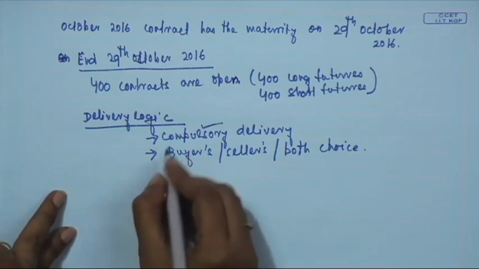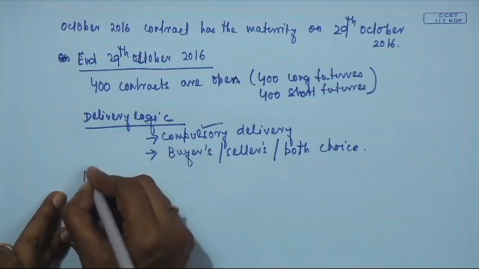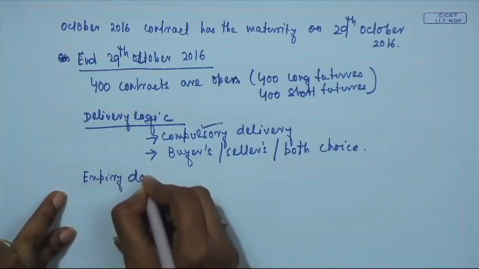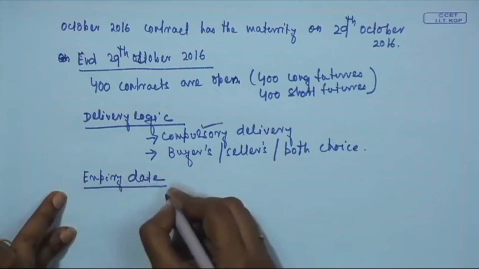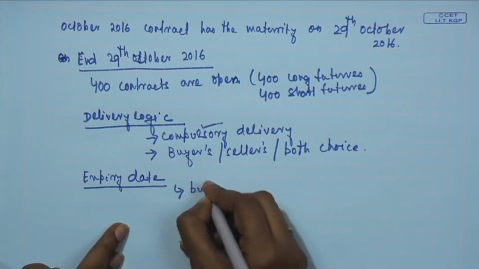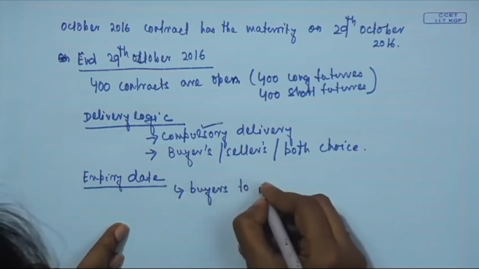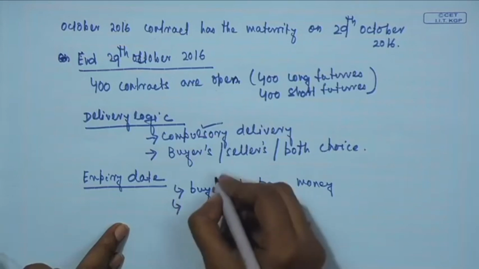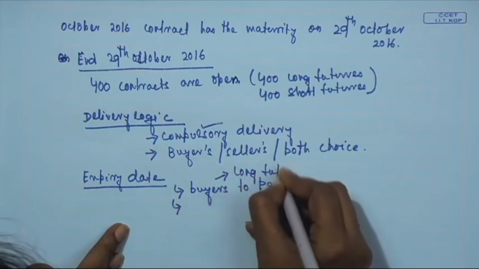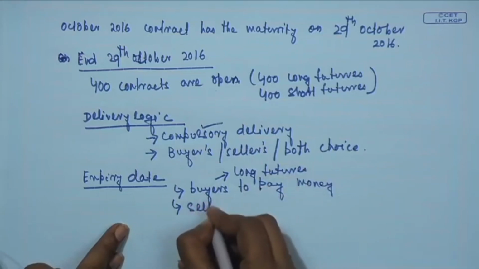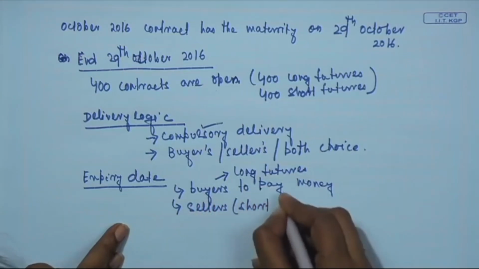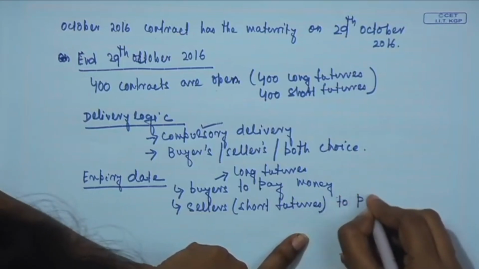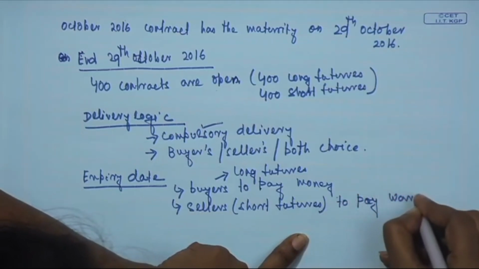So on the expiry date, the buyers, that is the long futures position holders, have to pay money, and the sellers, that is the short futures position holders, have to deliver warehouse receipts.